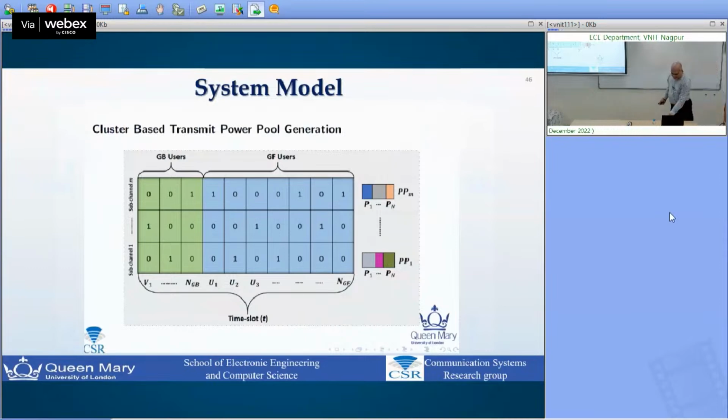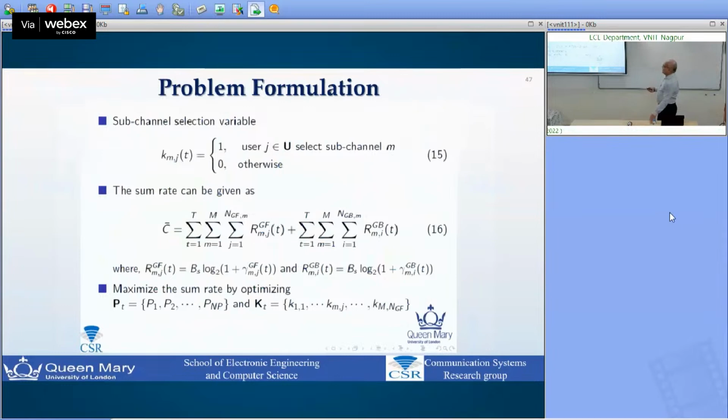Now the sub-channel selection. A particular grant-free user can be in only one sub-channel. So the grant-free user is going to select which sub-channel, and then a certain power level.